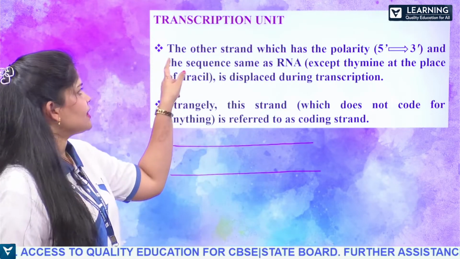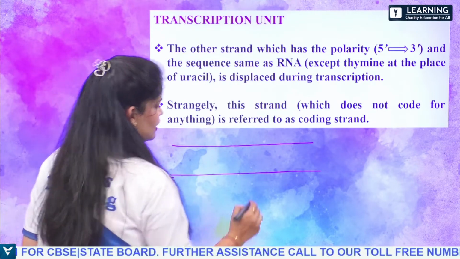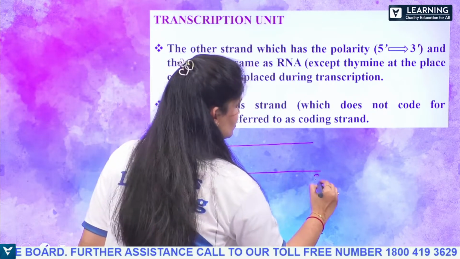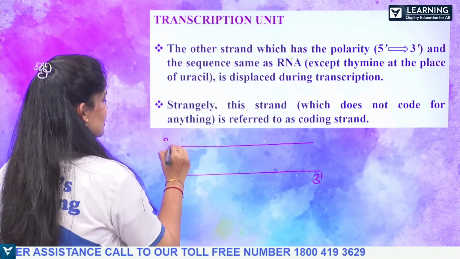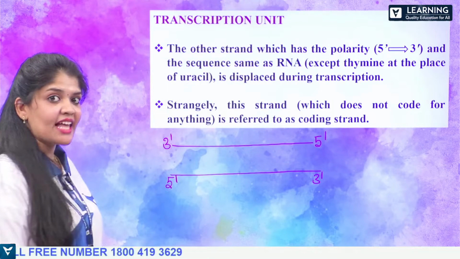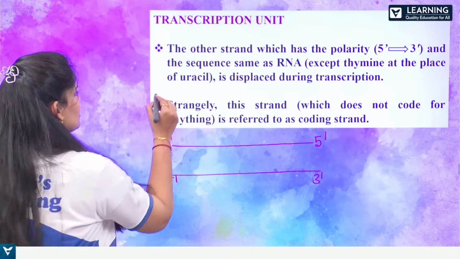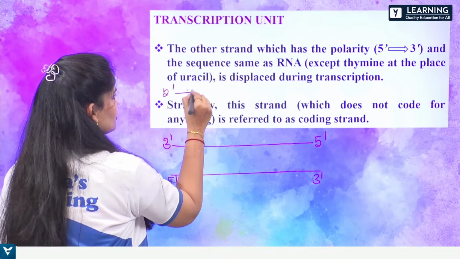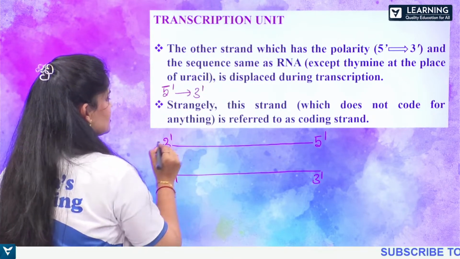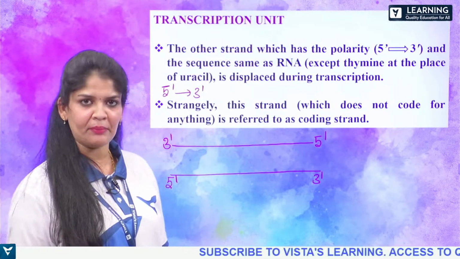Say, for example, this is running from 5' to 3' and this is running from 3' to 5'. As it has the opposite polarity to the direction of polymerization, that is 5' to 3', this strand is going to act as a template, and that is what we call the template strand.